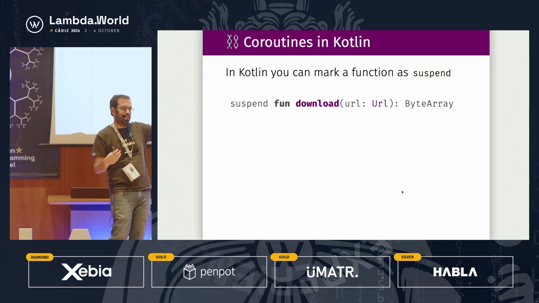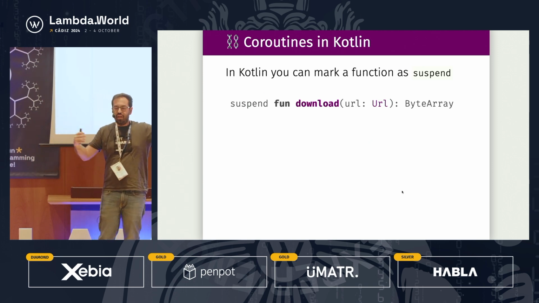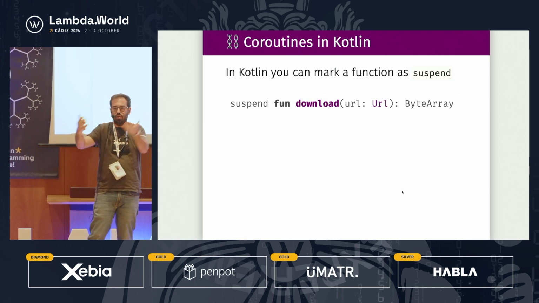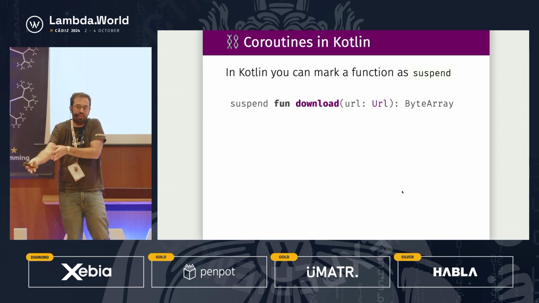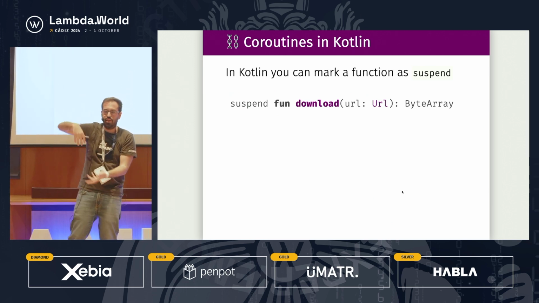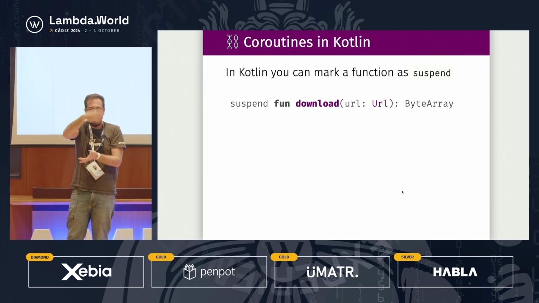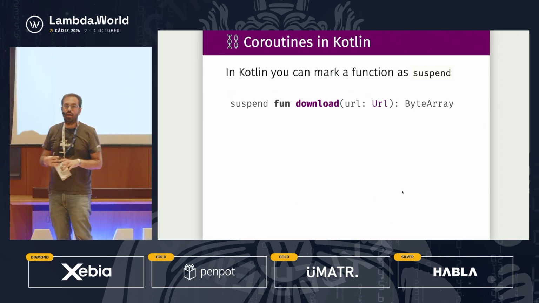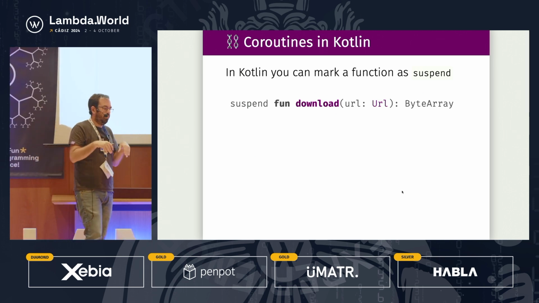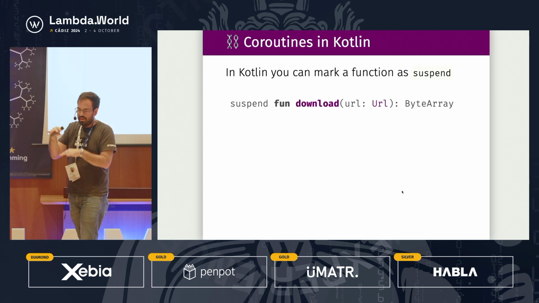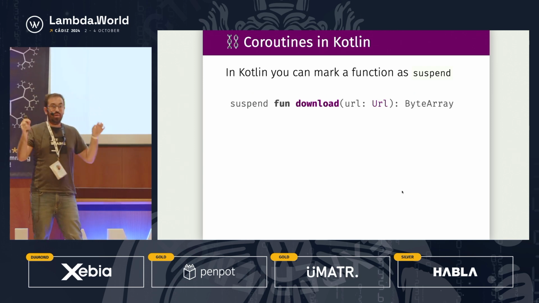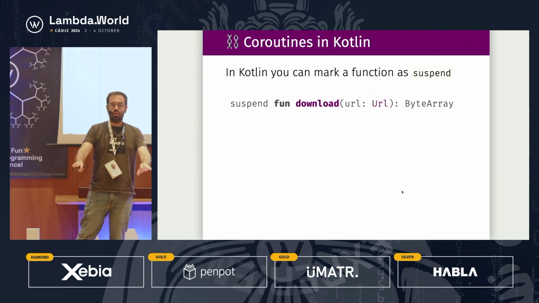You mark it as async. But the main change is that when you call it, you don't have to mark the await explicitly. You just call it, and if the entire calling function is also suspended, then you can call it. Otherwise, it will tell you I need a suspend context for all of this to work. So that's kind of the thing. But what is going to be important here is not so much how the rules of the language work. It's going to be how it actually is compiled down.